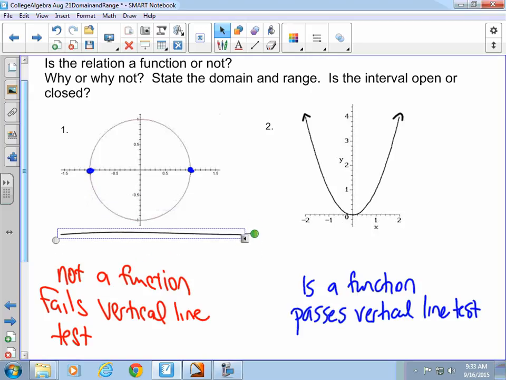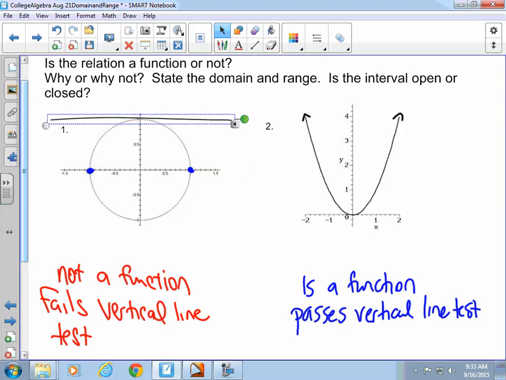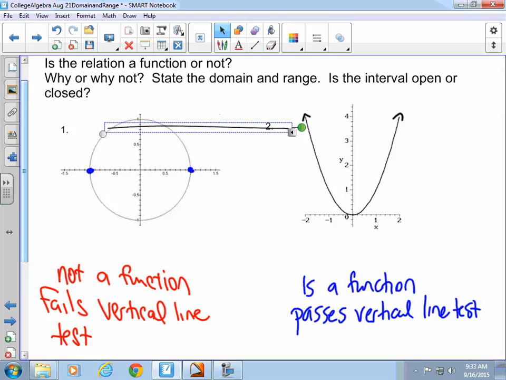Right? Doesn't touch at the bottom, starts at -1, all the way up to 1. Any questions? Then it's neither open nor closed. Hopefully they don't ask that question. You can say it's either open or closed, or you can say the left side is closed and the right side is open.